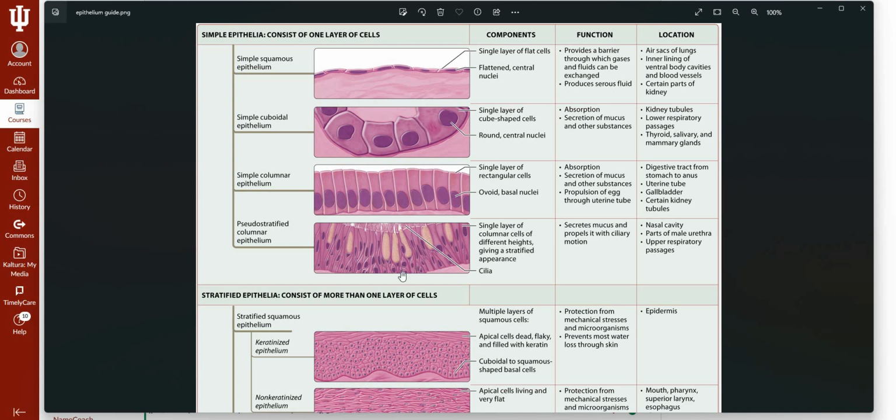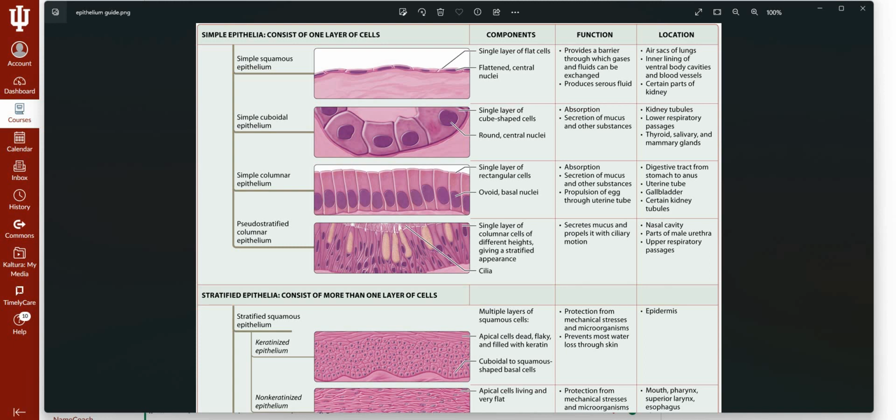We have nuclei at different heights here, which creates this appearance of multiple layers. But in reality, this is a single layer epithelium attached to that basement membrane. So this is found in one specific area of the body, which would be the respiratory tract, specifically the upper respiratory tract.